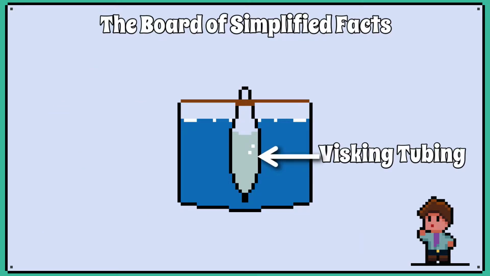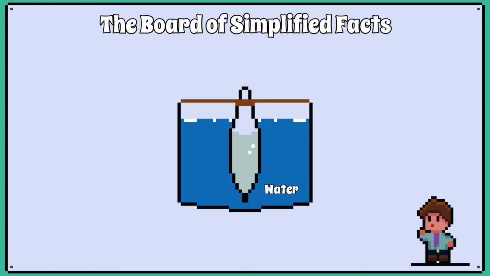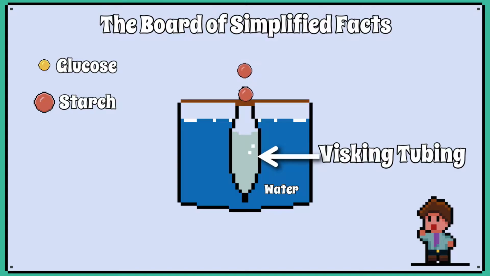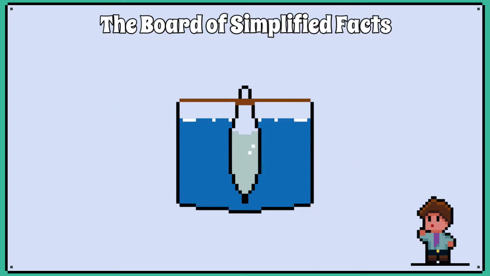But simply, if you surround the visking tubing with water and place glucose, a small molecule, inside the visking tubing, the glucose will diffuse out into the surrounding water because the glucose particles can fit through the small pores of the visking tubing. If you put starch, a large molecule, inside the visking tubing, you will see no starch in the surrounding water because starch molecules are too big to fit through the pores of the visking tubing.